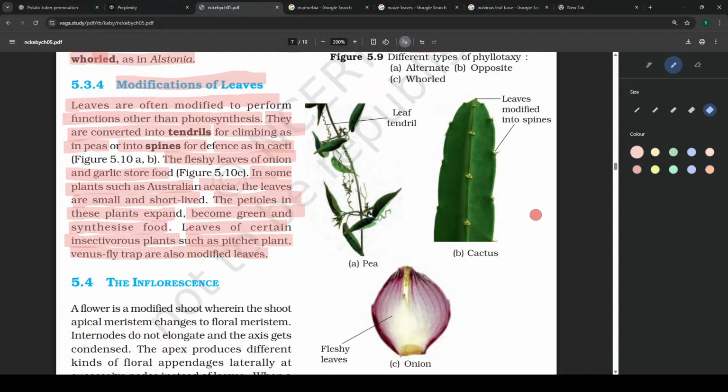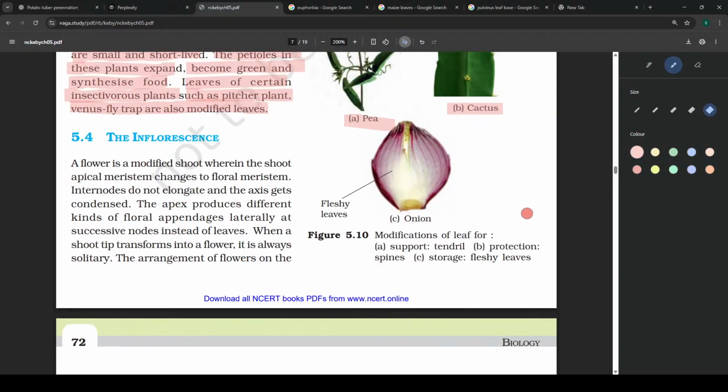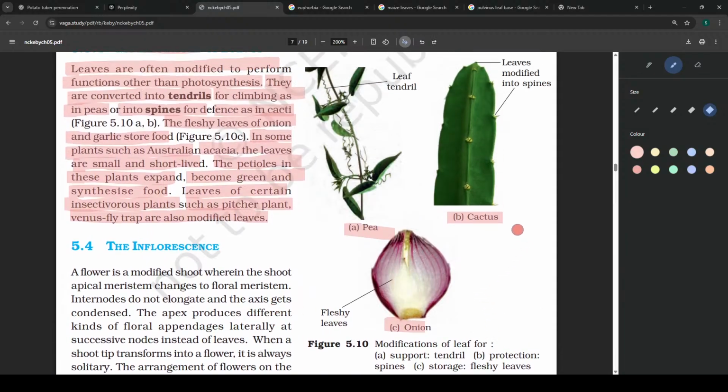First, as in peas, leaves are modified as tendrils for support. In case of cactus, that is opuntia, they are modified into spines. In case of an onion, these are all fleshy leaves, they store food. That is why we eat an onion. And the fourth modification is in Australian acacia. The leaves are short-lived.